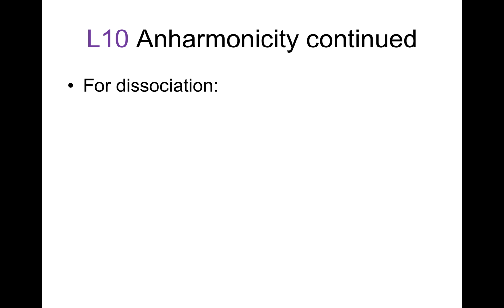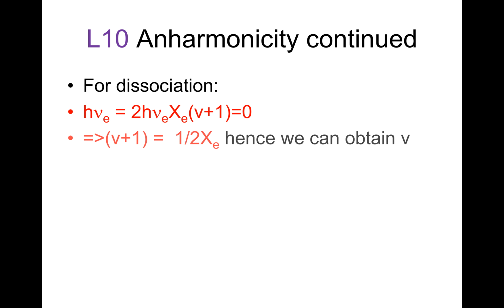For dissociation, h nu_e minus 2 h nu_e x_e (v plus 1) should be equal to 0. This implies v plus 1 is equal to 1 over 2 x_e, hence we can obtain v.